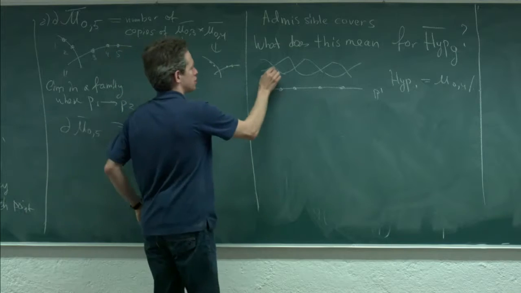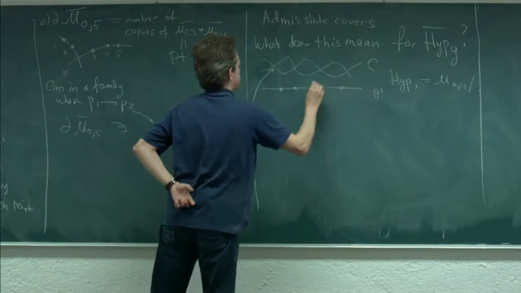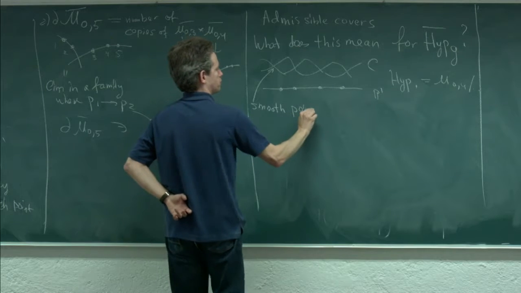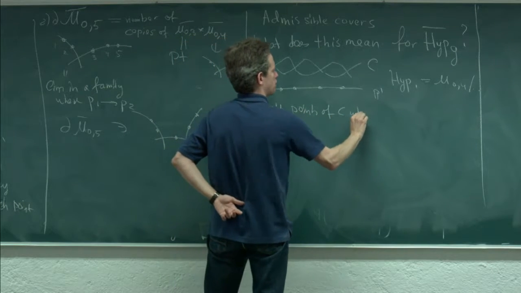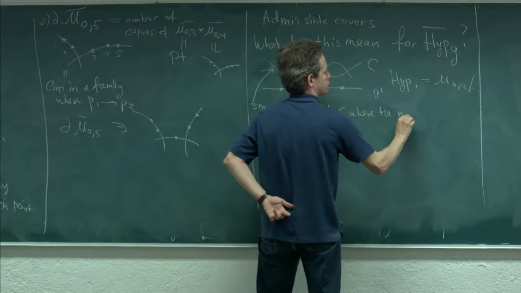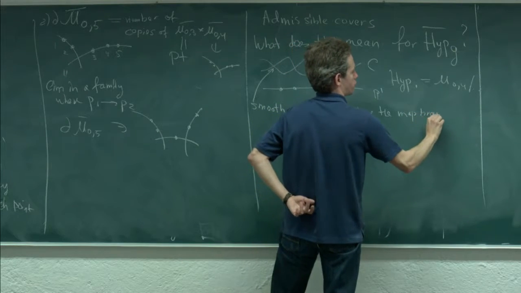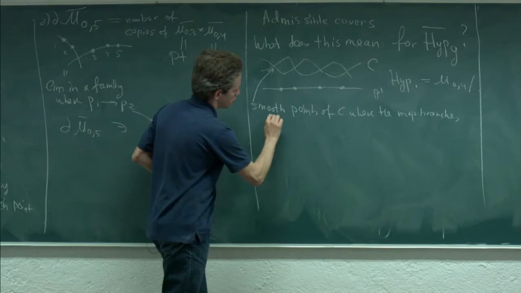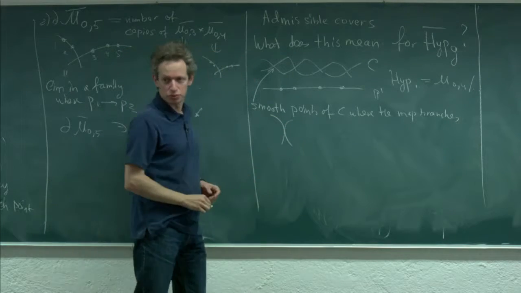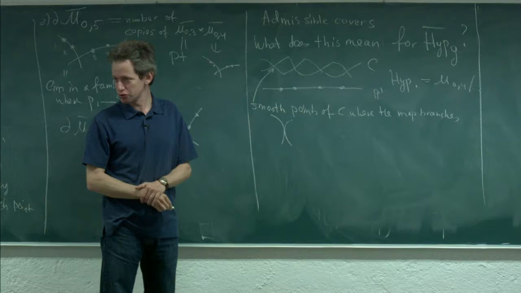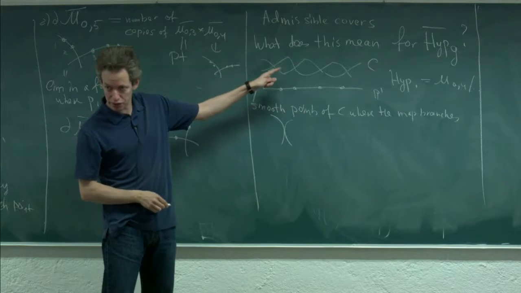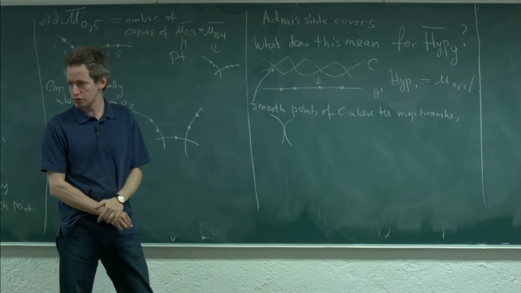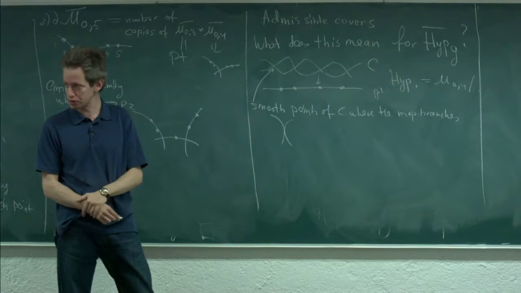So these are smooth points. So this is a curve C, smooth points of C where the map branches. Okay? Maybe it's better to draw them like this, but this is also confusing, so it's your choice. So when I draw this, I mean that this is a 2-to-1 map from C to P1, which has 4 branch points, and that's my way to draw this picture.